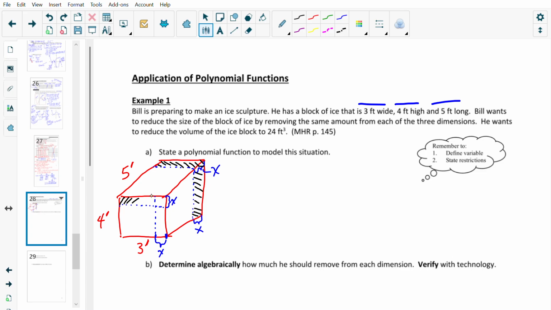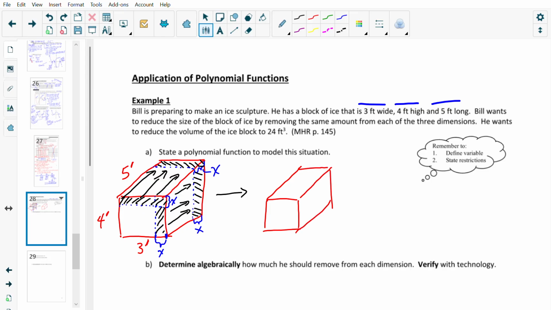We cut off the back, and then we're going to shave off this part all the way down this way, right? Okay, so we're going to get a smaller block that looks like this. I'll try to keep the proportions similar.